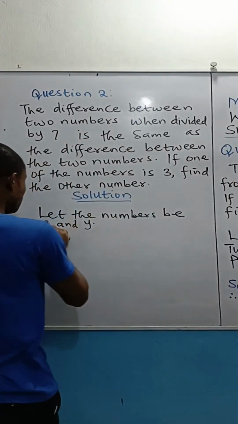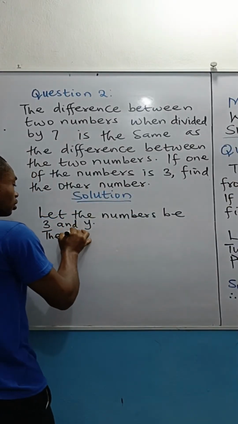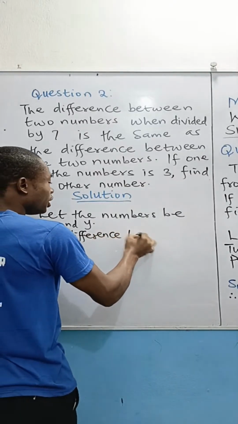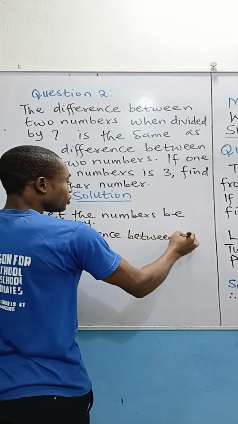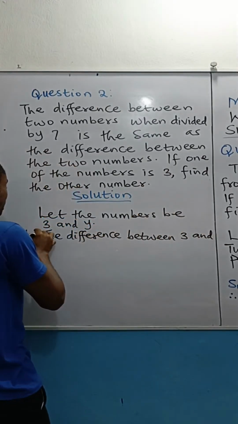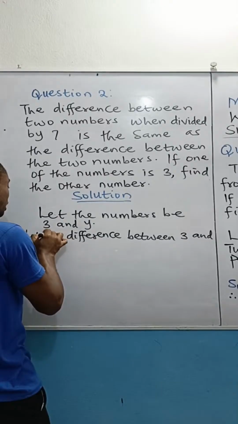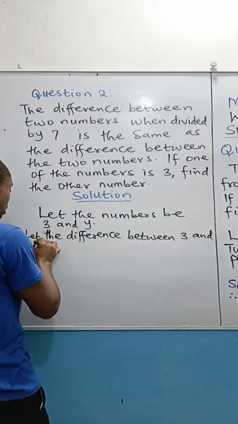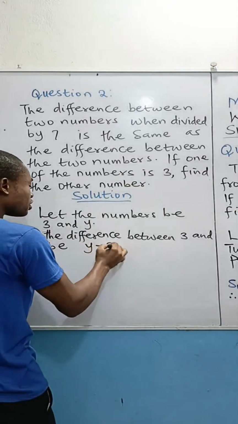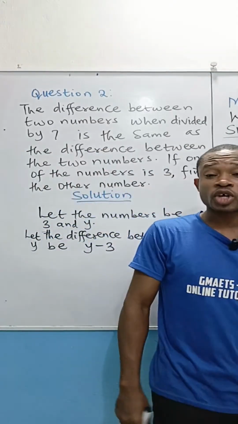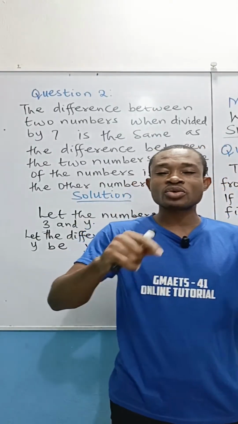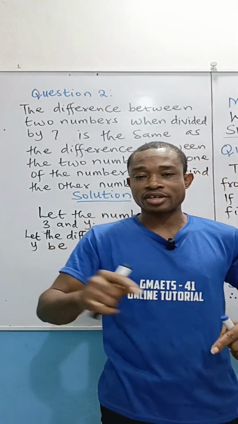The difference between 3 and y, let it be y minus 3. Difference is subtraction. So the difference between 3 and y, I have decided to write as y minus 3.